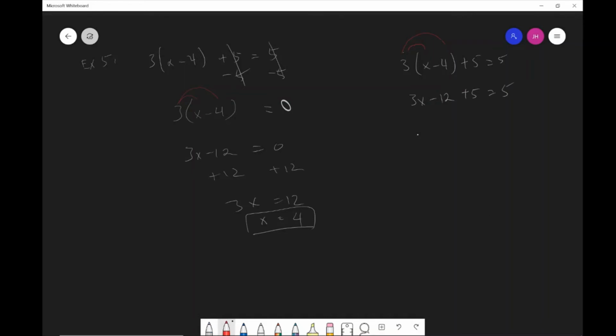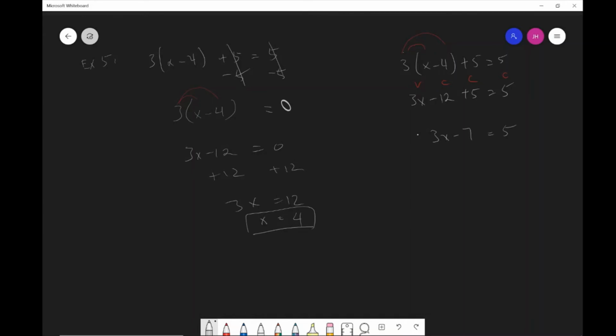Now can I combine like terms here? I have a variable, constant, constant. On the left side, I have constant terms, so I can combine like terms. Negative 12 plus 5 is negative 7, so 3x minus 7 equal to 5.